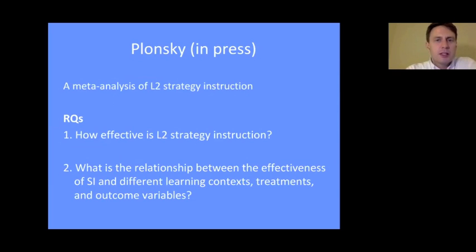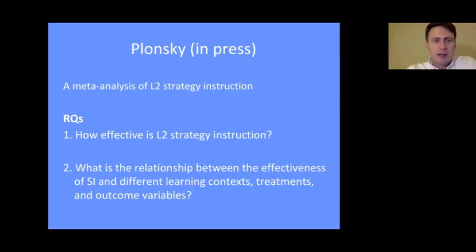The two research questions behind this meta-analysis were: overall, how effective is strategy instruction, bringing together all the results? And second, is it more or less effective with certain types of learners or contexts, different treatment types, or different outcome skills like reading versus writing versus listening versus speaking?